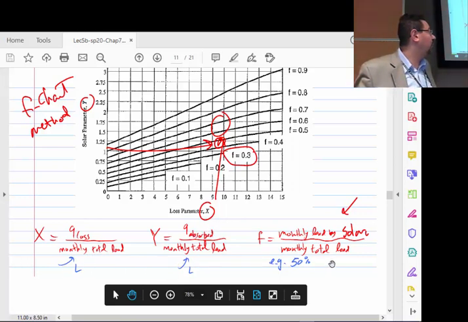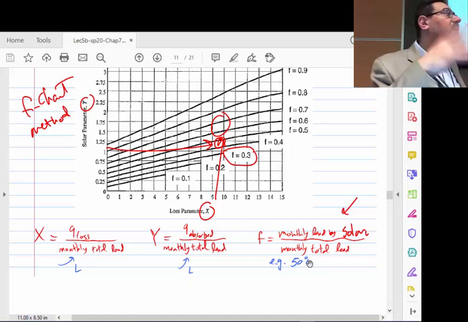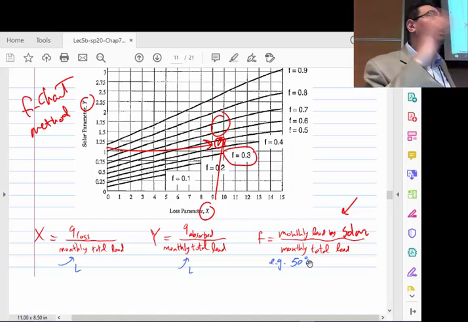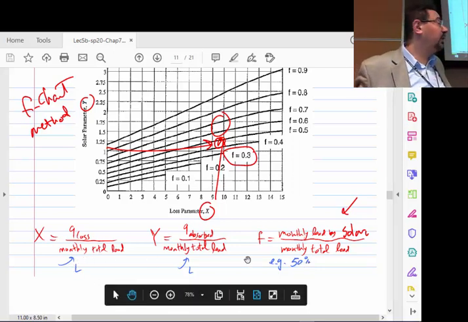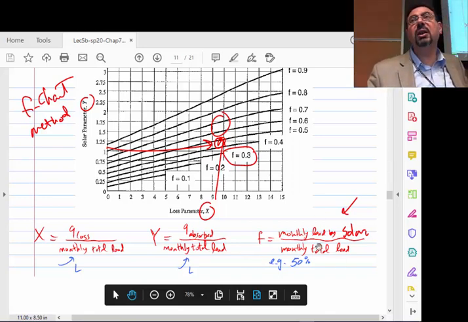So for all of them, the denominator is the monthly total load, in kilojoules, kilowatt hours, BTU, whatever the unit is. That monthly total load of the building, the heating load, the F chart will tell you how much is going to come from the sun.